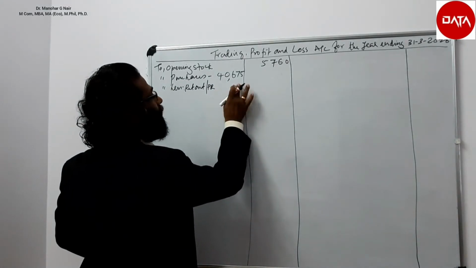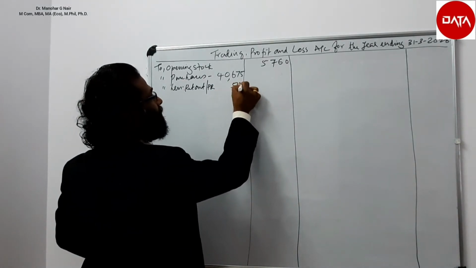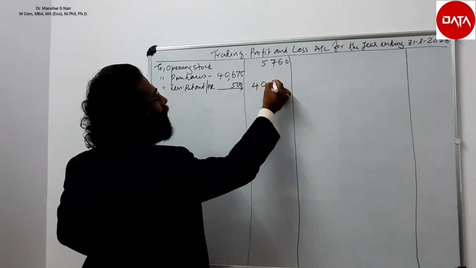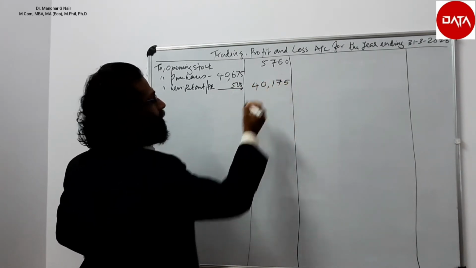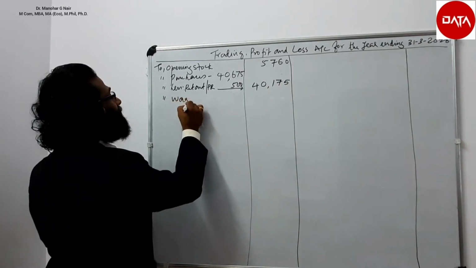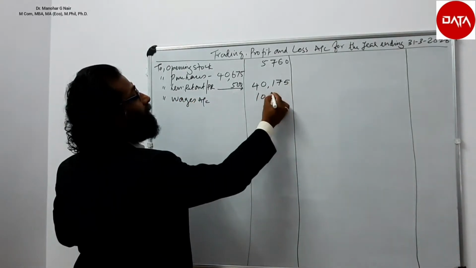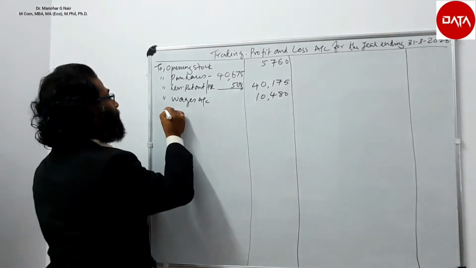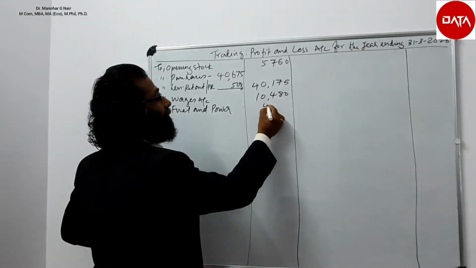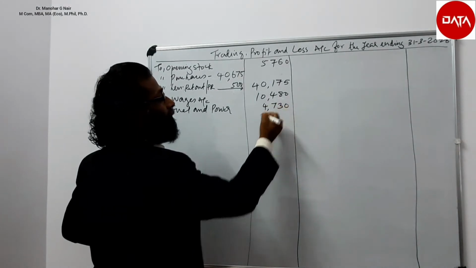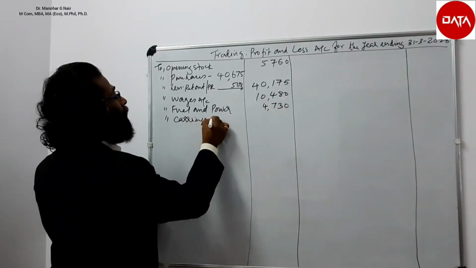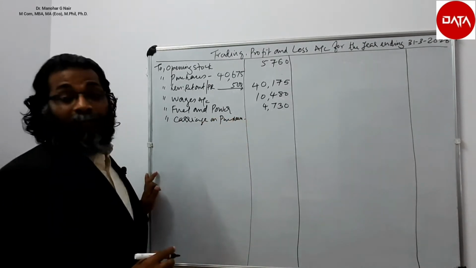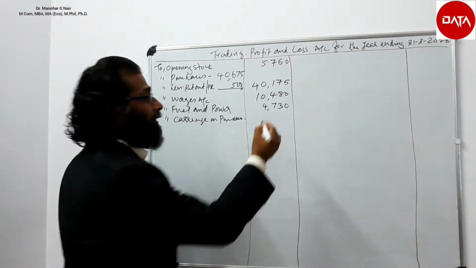So in the outer column it is 40,175. Wages on the debit side 10,480. Then fuel and power 4,730. Then next is carriage on purchases, otherwise carriage inwards, 2,040.